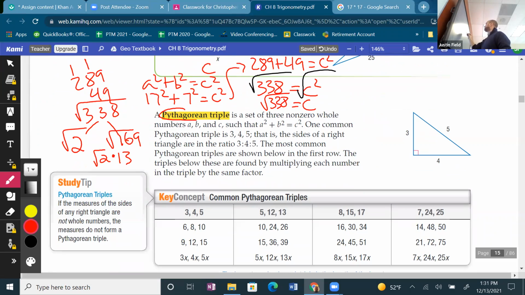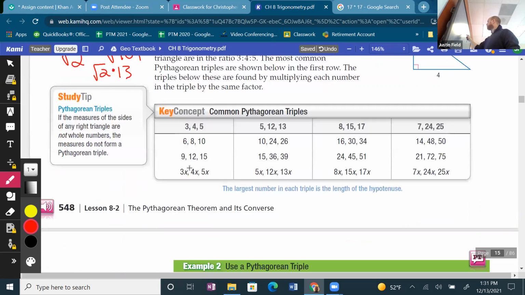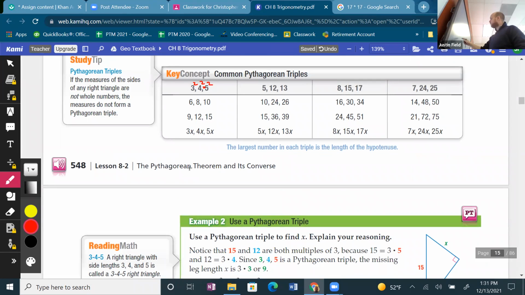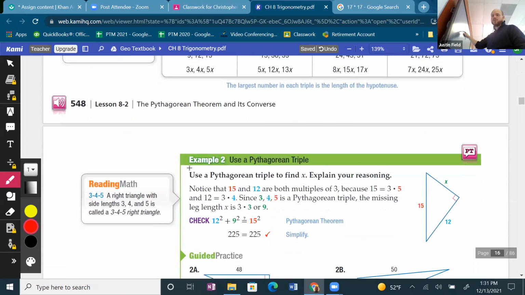Pythagorean triple, don't forget to put that in your textbook organizer. It's all these special triplet number combinations where it's true that a squared plus b squared equals c squared. There's more than 3, 4, 5. Isn't that cool? 3 squared plus 4 squared equals 5 squared.